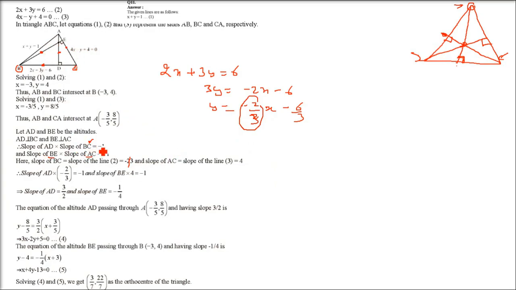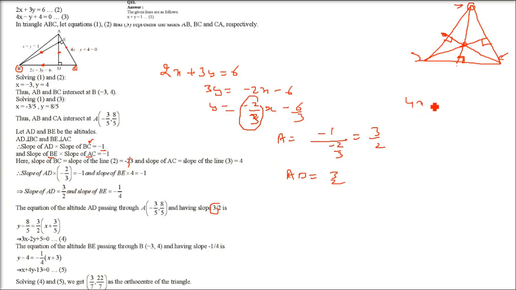When we have the slope of BC, we can always find out the slope of AD, because for AD, the best thing is to take -1 and divide by the slope. So it will be 3 by 2. Now we have the slope of AD as 3 by 2, and we have the point A also, which is -3 by 5 and 8 by 5. Let me tell you the other one also.